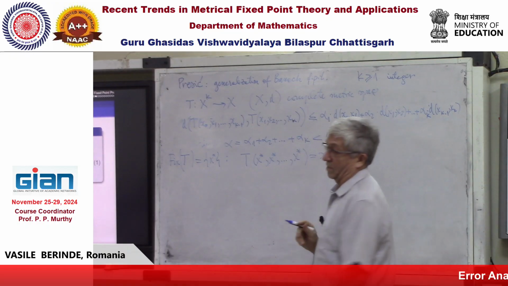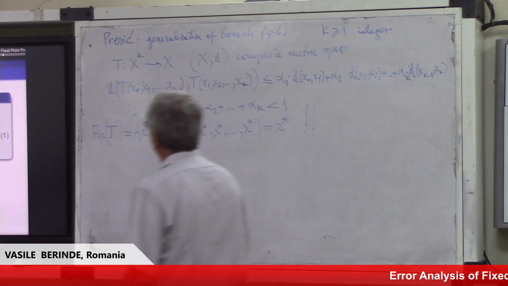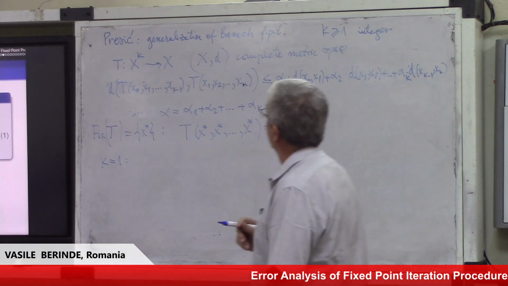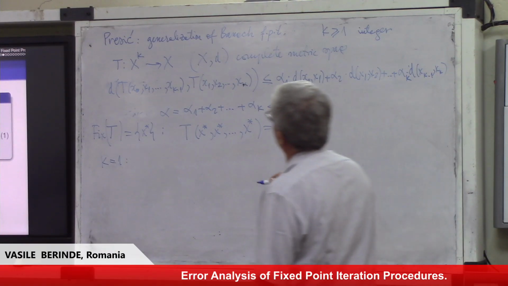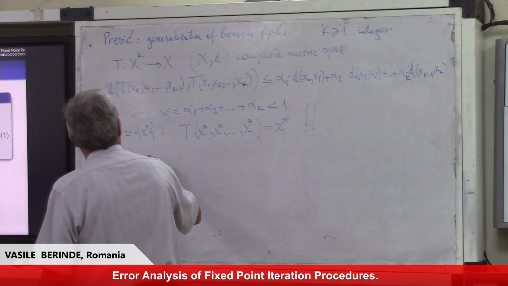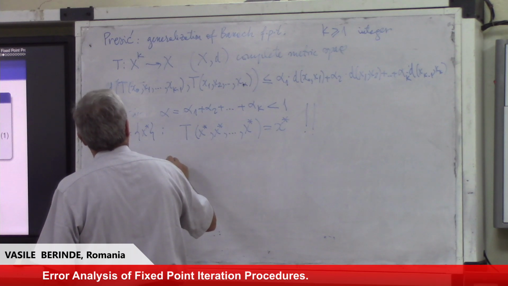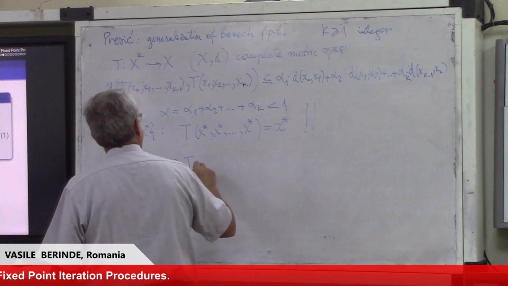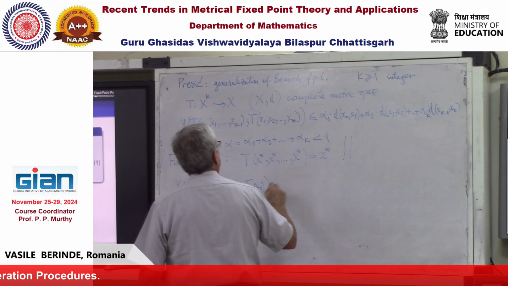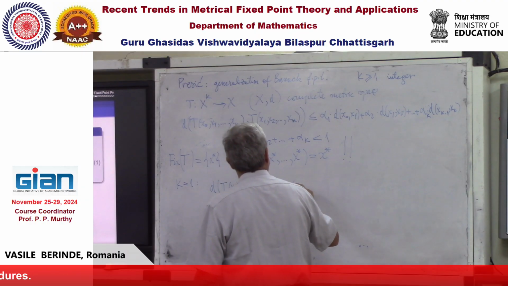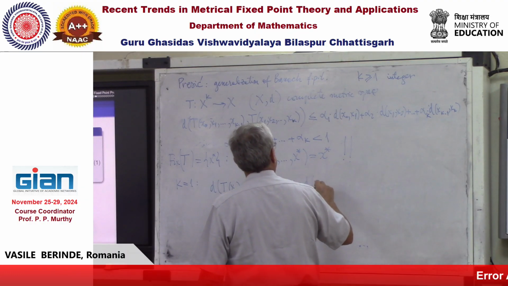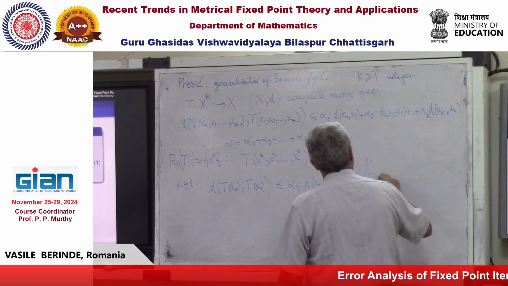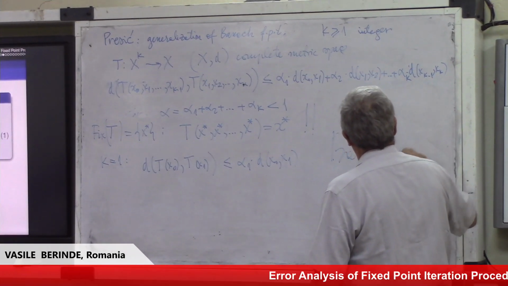Very nice theorem. And look, if we take k equal to 1, what do we get? We get the distance between T of x0 and T of x1 is less than alpha times the distance between x0 and x1, and it is exactly the Banach contraction.